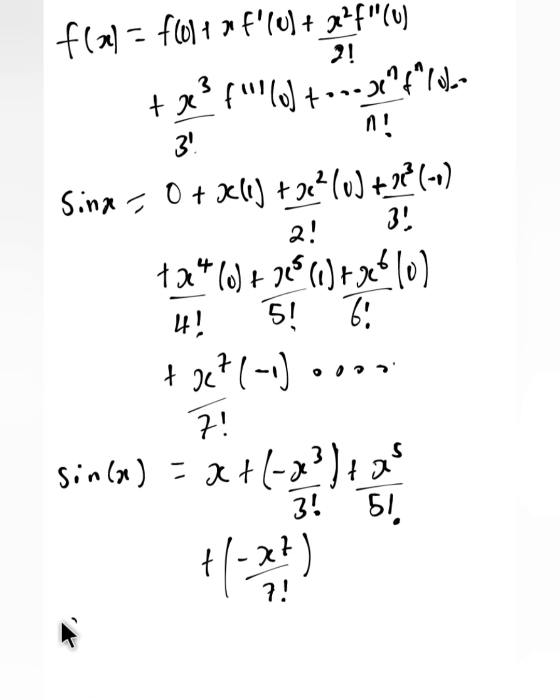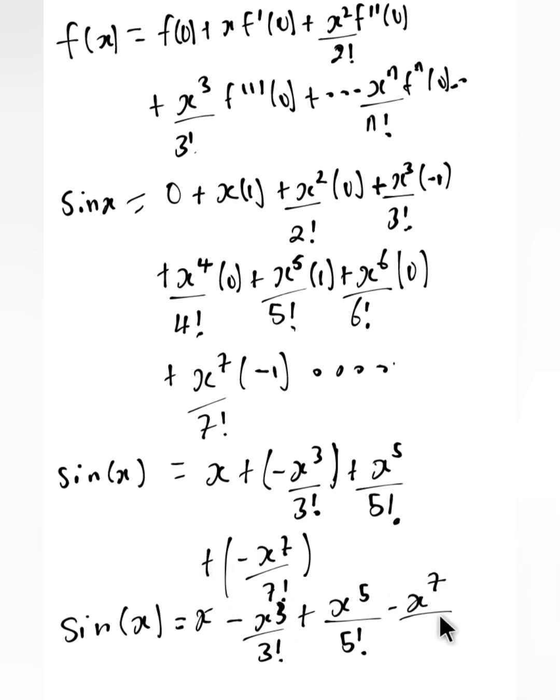So if we simplify this further, we have x, plus times minus is minus x raised to power 3 over 3 factorial plus x raised to power 5 over 5 factorial. Then plus times minus is minus x raised to power 7 over 7 factorial.